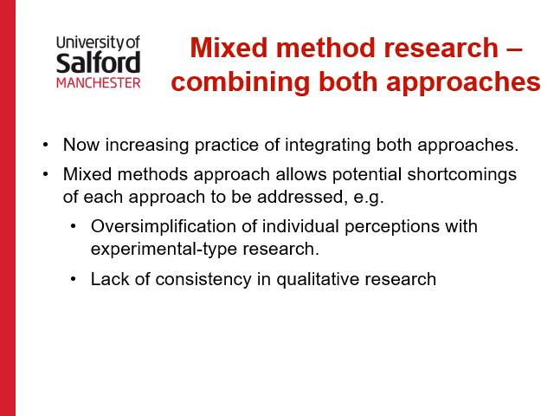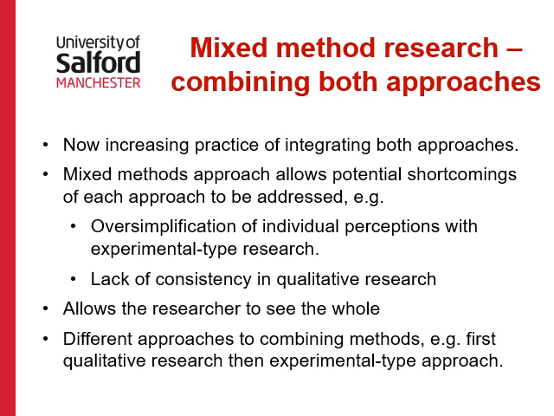Similarly, one of the shortcomings of qualitative research is there's sometimes an inconsistency between different research studies, and quantitative methods can help to overcome this. So what you can do by combining both methods is to see the bigger picture, and this can sometimes be incredibly insightful when you're thinking about a particular research problem in health or social care.